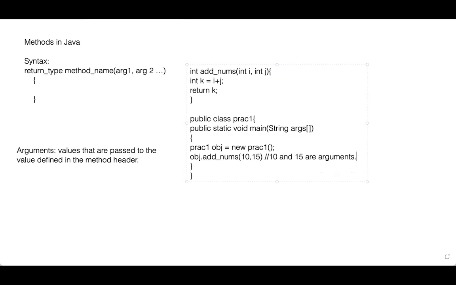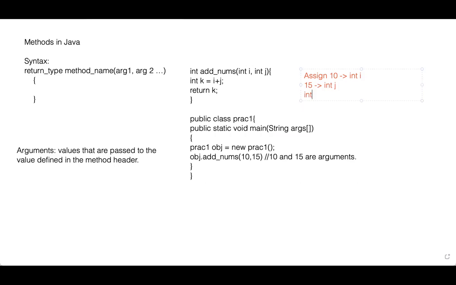Later in the video, we're going to get into more detail about this, but just as a brief example, the input that you put will be passed: 10 will be assigned to int i, and 15 will be assigned to int j. So that's what we mean by passed. You're going to assign 10 to int i and 15 to int j, and all the operations will be performed.